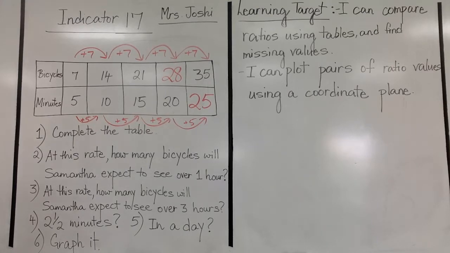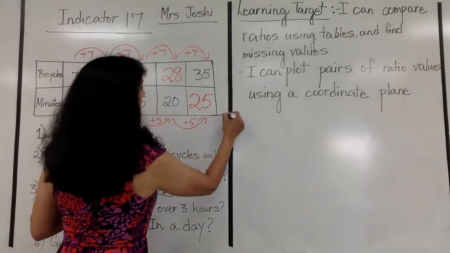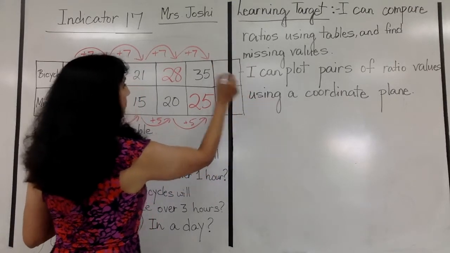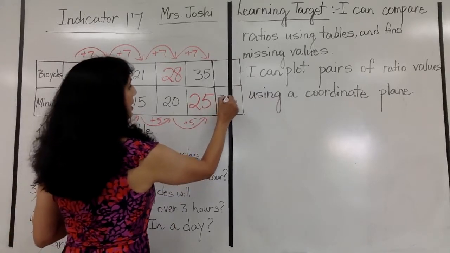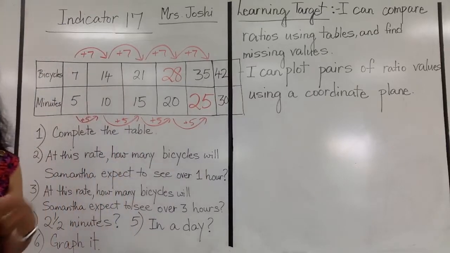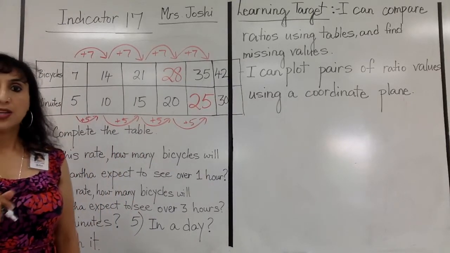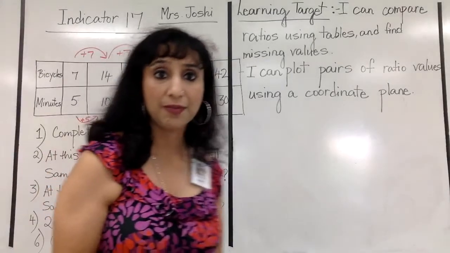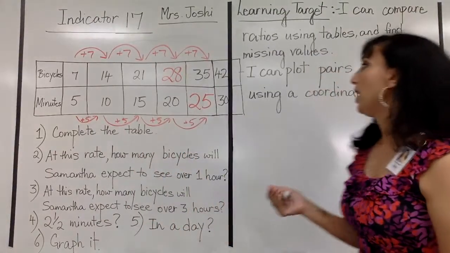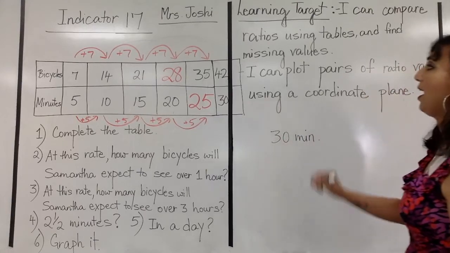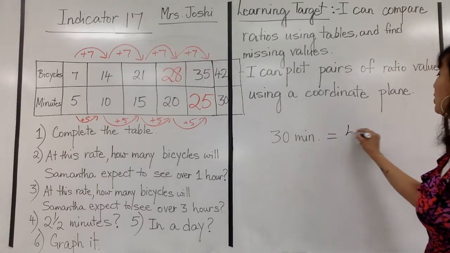I can extend this table to 30 minutes, and this would become 42, because +7, +7. Once I have 30 minutes, which is half an hour, we have 42 bicycles.